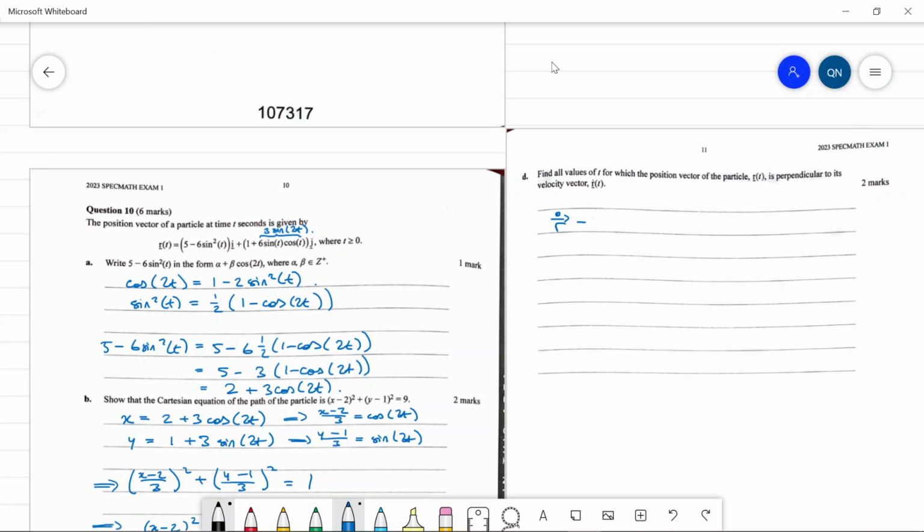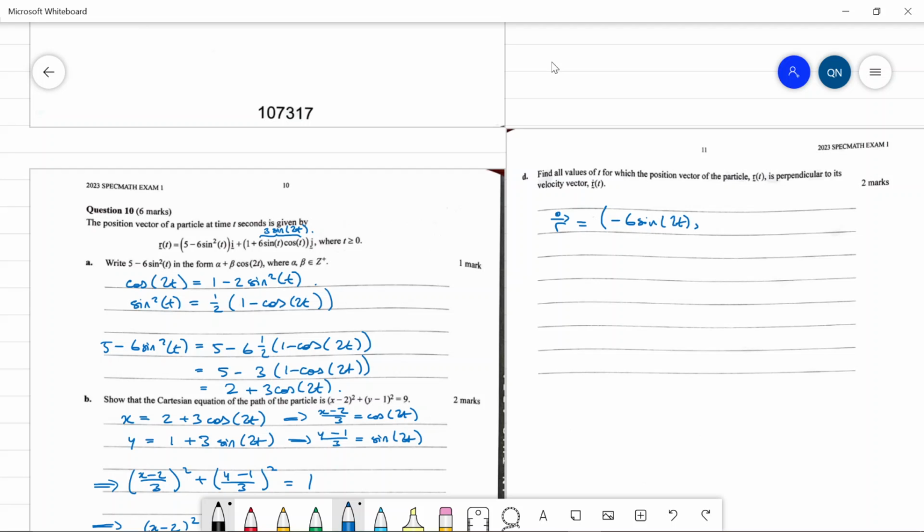I'll write it in components, in brackets without i's and j's. How do you differentiate that? This is the x component. If you differentiate that, that's going to give you -6 sine of 2t.